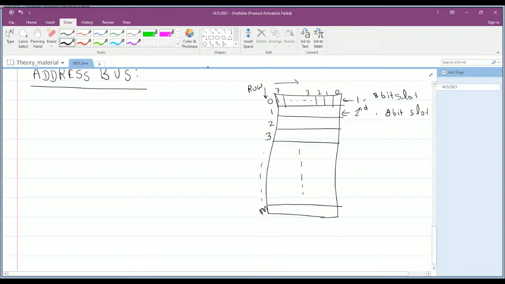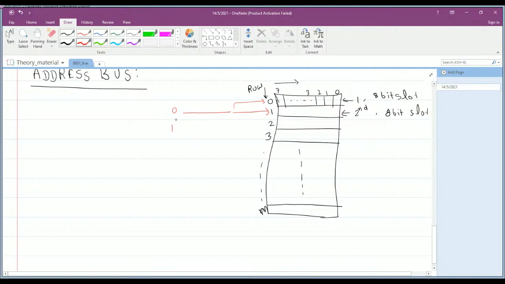Now, if we have a single wire, it can contain either 0 or 1. If it contains 0, it will access this location. If we apply 1, it can access this location. Very straightforward. If you have gone through the digital electronics course, there is a decoder circuit in between, but right now, for the sake of understanding, we are writing it directly.